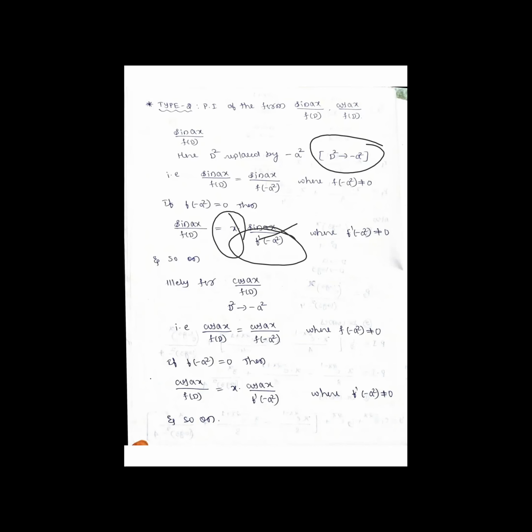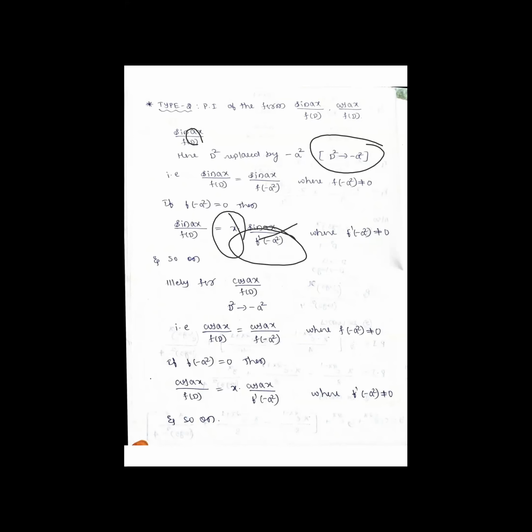What do you mean by a? That a is nothing but the coefficient of x, as you can see in sin ax, cos ax. Otherwise, multiply by the independent variable, differentiate the denominator, and again substitute the value a. The rest of the procedure is the same.